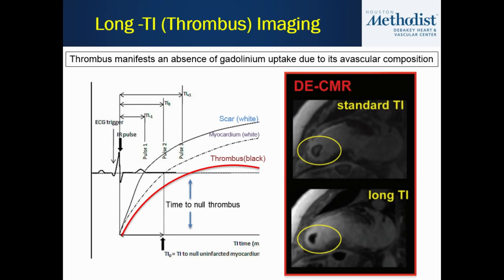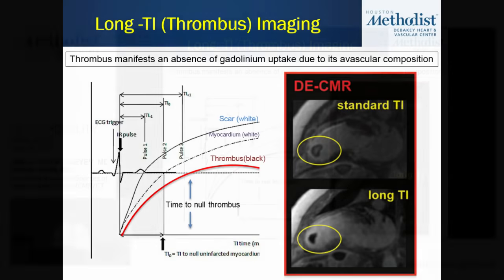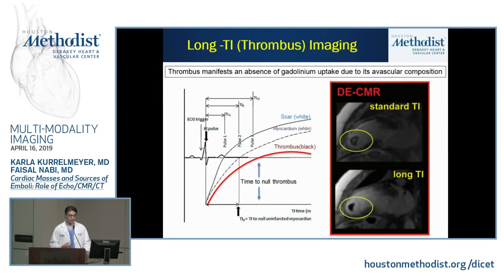This would be a time point where something that has no contrast in it will appear jet black. Generally, that's one of the definitions of thrombus, that these are avascular structures that do not manifest any gadolinium uptake. So on these images, if you see something dark, more than likely it is thrombus. Myocardium, vasculature, all those other structures in these sequences will appear bright.